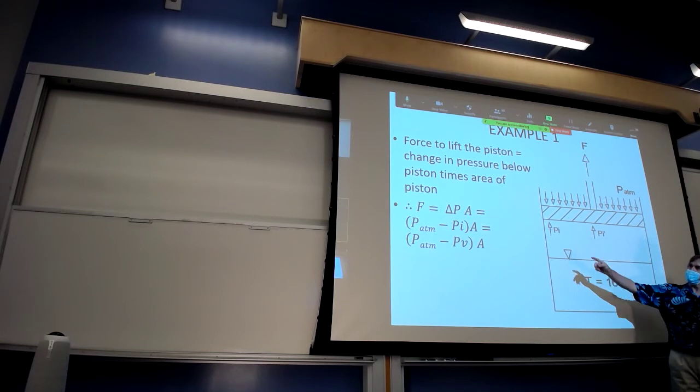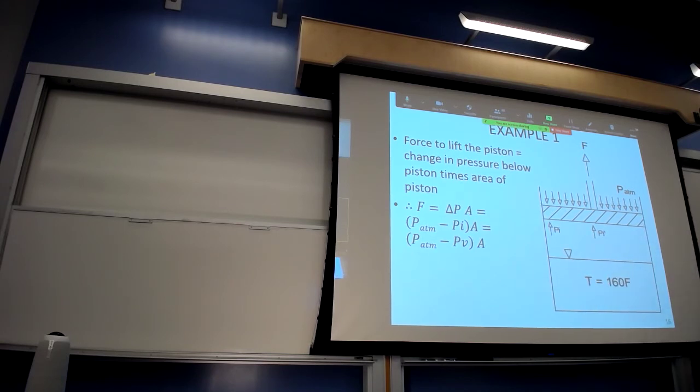As I just stated in this equation, because the force is distributed over the piston area, that force is going to be the change in pressure occurring from the top of the piston to what's below the piston. We're going to create the vapor pressure at a temperature of 160 degrees Fahrenheit, which we already looked up: that's the 4.74 psia.